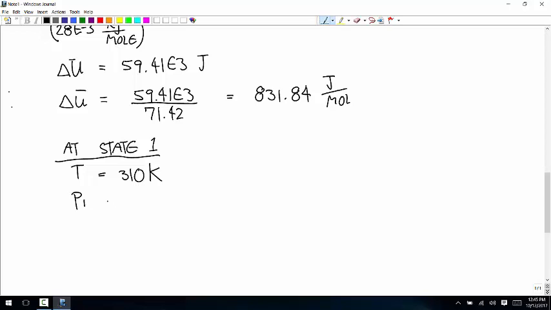It seemed like overkill. So the pressure is 0.1 MPa. We don't need that. For the ideal gases, you only need one parameter to look things up.